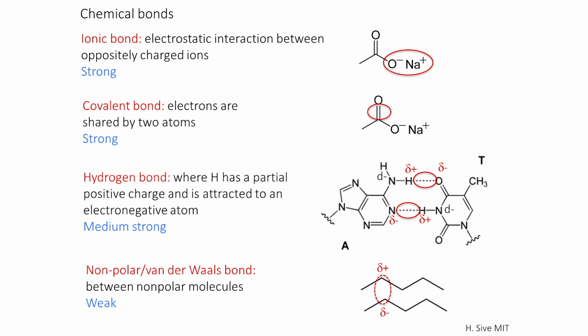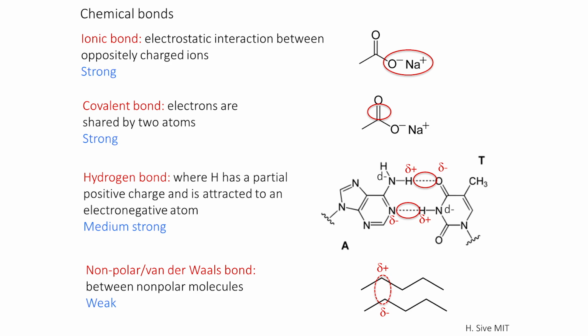The hydrogen bond is one, as I mentioned, that is key to life. Hydrogen does not have high electronegativity. It's electropositive, if you like. And so it often has a partial positive charge.